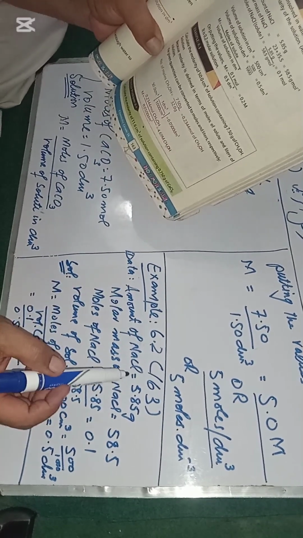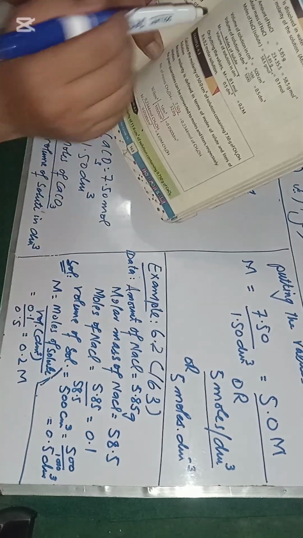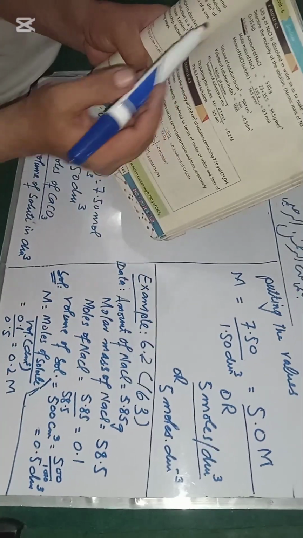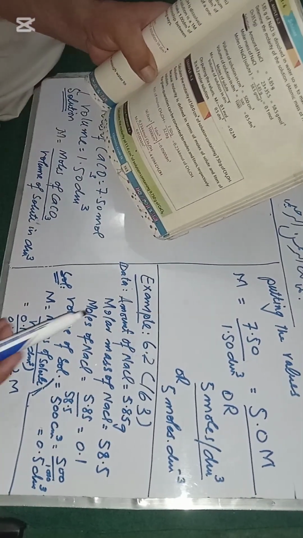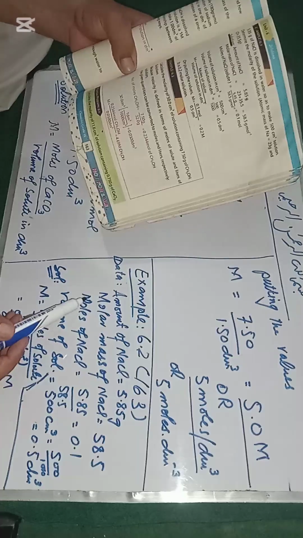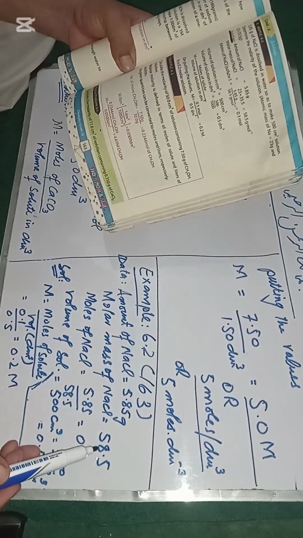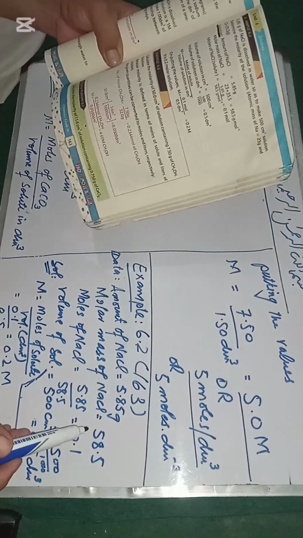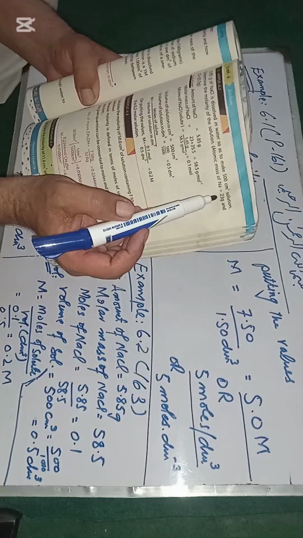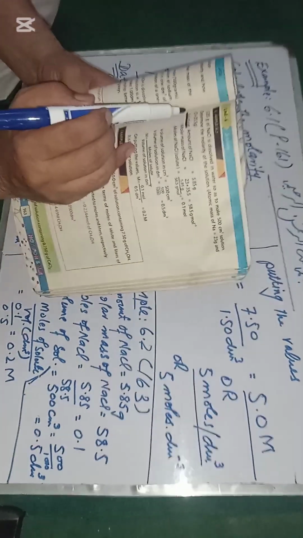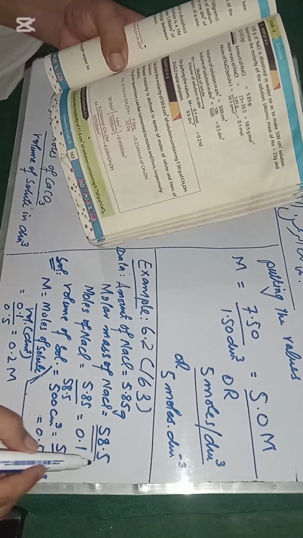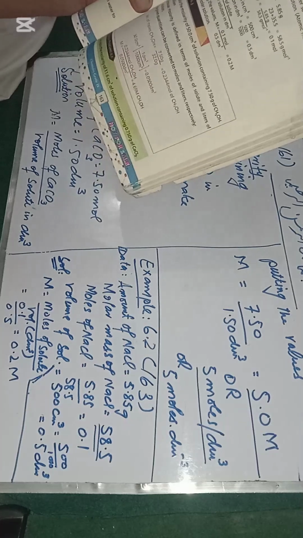This is how I have taken the data from the question. The amount of NaCl is 5.85, given at the start of the question. Clear? The molar mass of NaCl can be calculated from these two values by adding 23 and 35.5, which is 58.5.